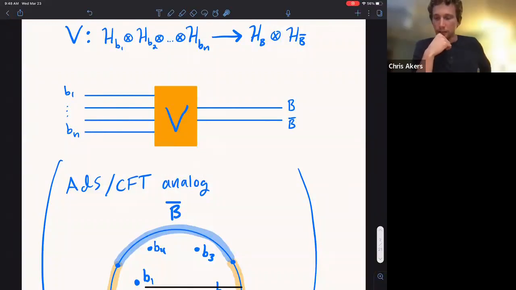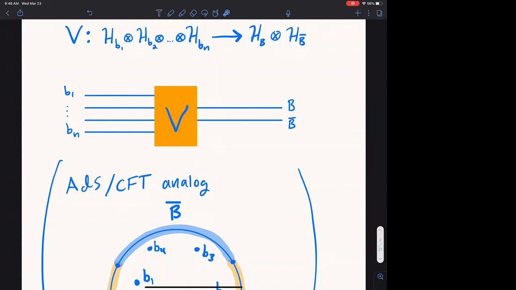Exactly. So I would suppose that the degrees of freedom on the stretched horizon, since they're error corrected, should be fewer, not the interior of the black hole, as you were just saying.